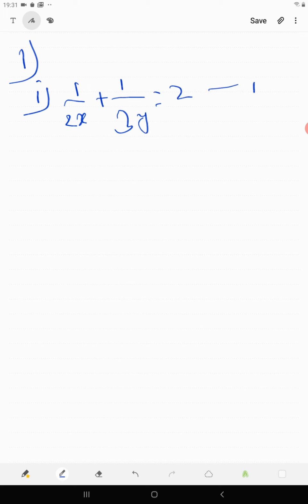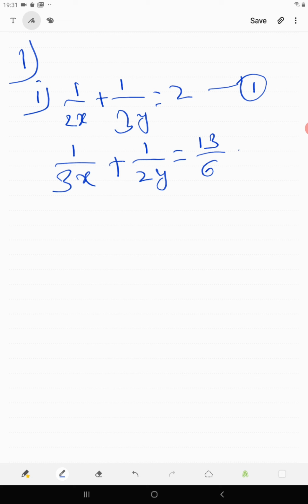This is our equation 1. And the next equation given to us is 1 by 3x plus 1 by 2y equals to 13 by 6. So these are the two equations that have been given to us.